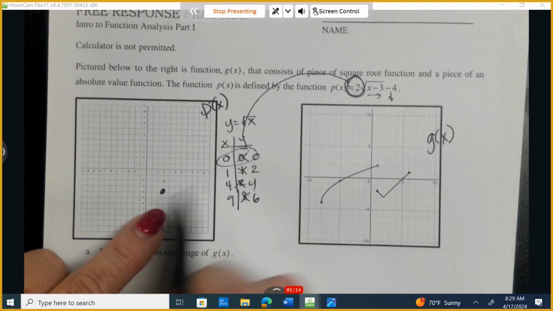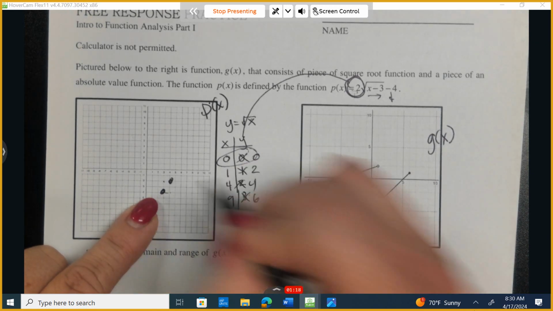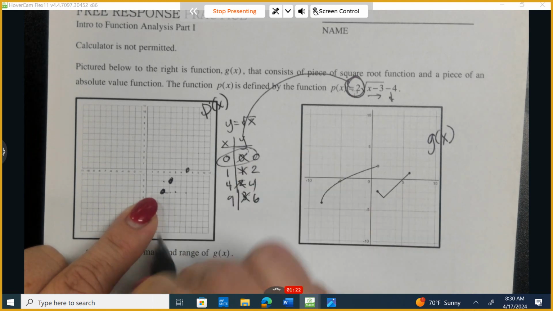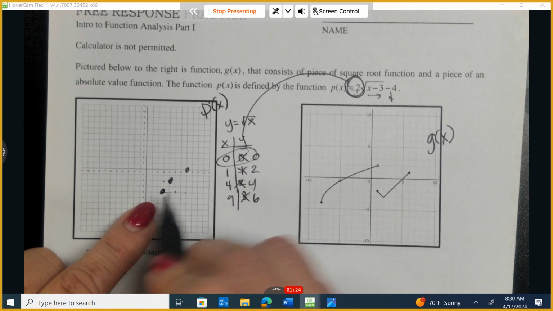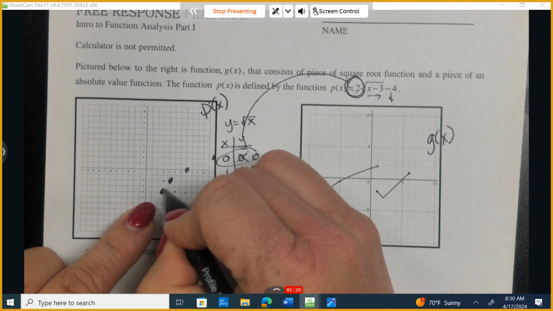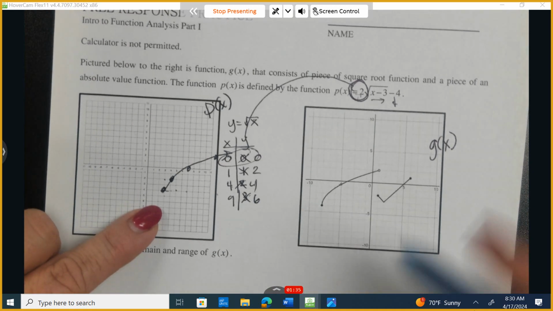And now, this is 0, 0. I go to the right 1 and up 2, right 4 and up 4, and I go right 9. Well, 3 plus 9 is way out here, and I'm going to go up 6. Something like this. Now, it may be helpful because we're going to have to answer a question for us to do it on this exact same graph.